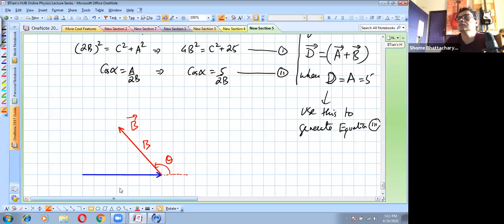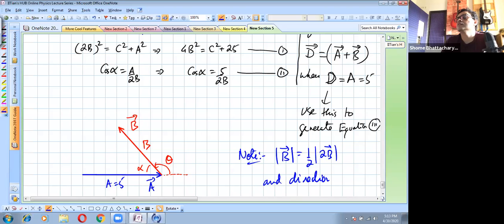Okay. So this angle is that alpha only, and this angle is that theta only. So the magnitude of A is 5. But now understand, magnitude of B is 1/2 of the magnitude of the vector 2B, and direction is same.